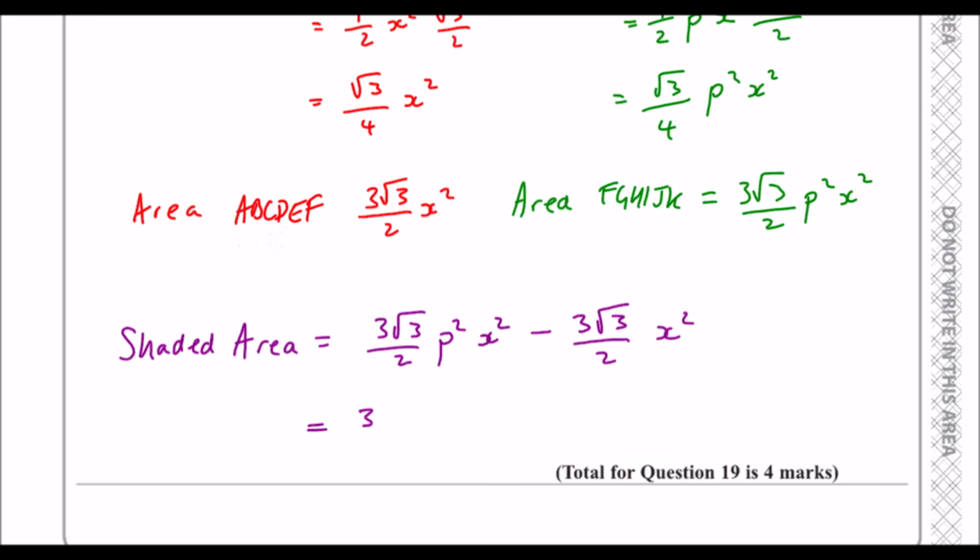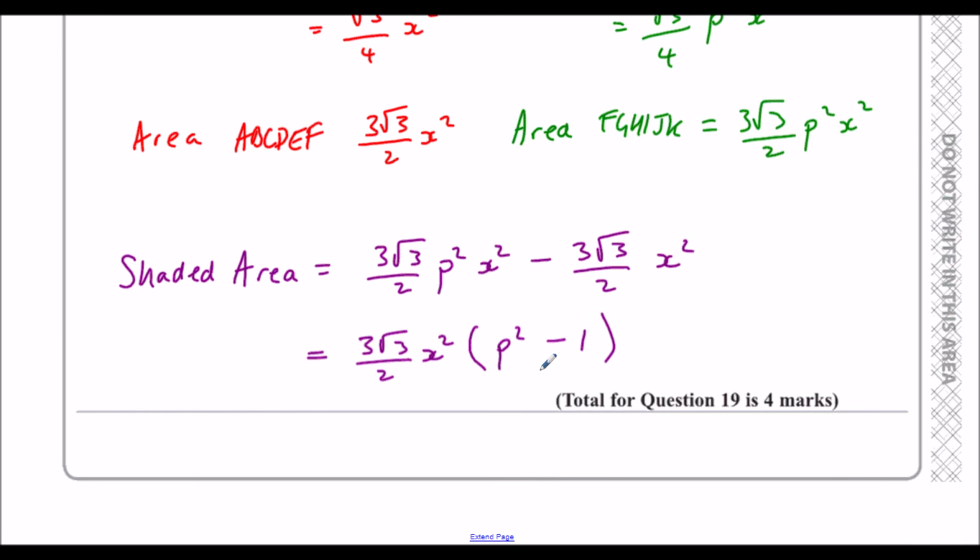Let's take out 3 root 3 over 2 x squared, and we can move the x squared afterwards. So factorizing out 3 root 3 over 2 x squared just leaves p squared minus 1. So moving the x squared to the end, 3 root 3 over 2 times p squared minus 1 x squared.